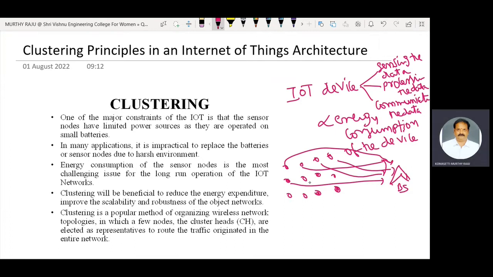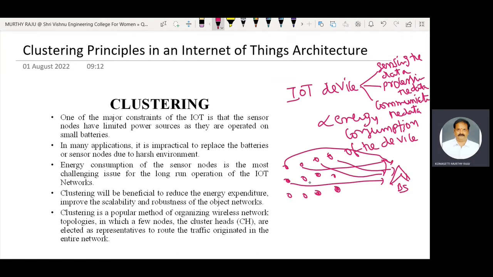That is the reason we divide the sensor nodes into groups. These are the sensor nodes.